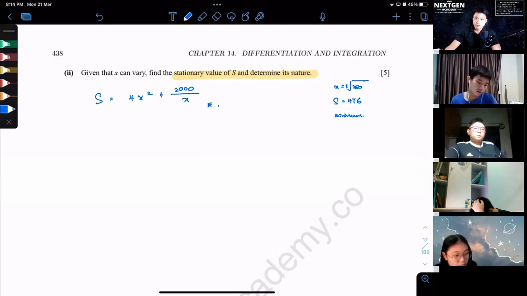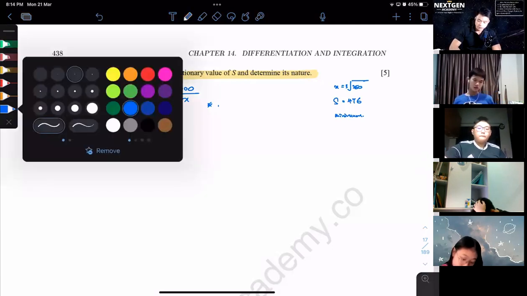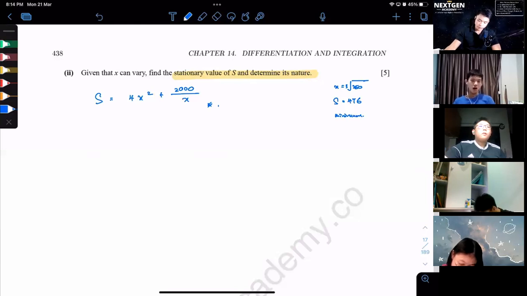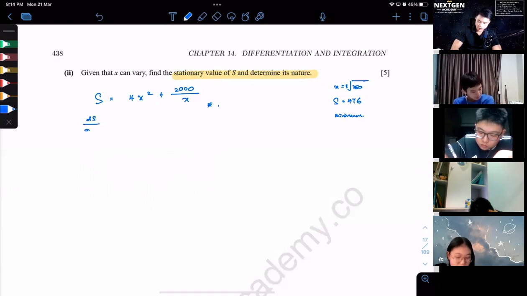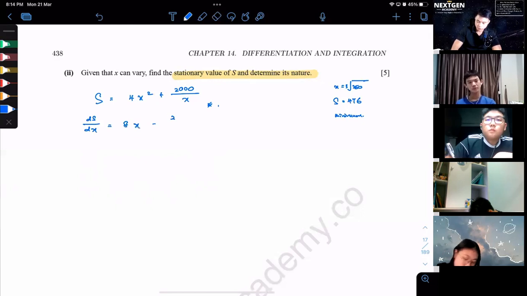Okay. Can? All can? Okay. Let's do this. So number one, we have to do ds over dx first because we want to find ds over dx equals to 0. So ds over dx will be 8x minus 2000 over x squared.